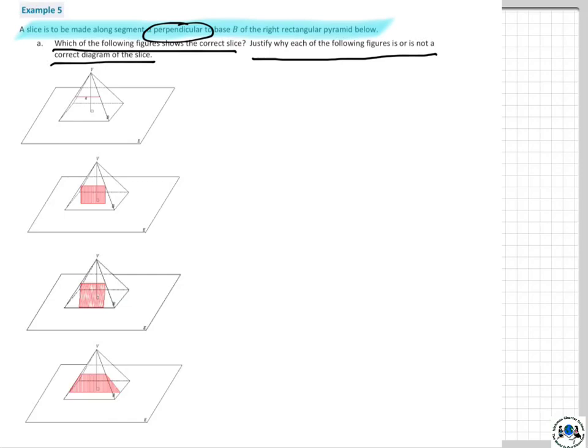Okay, so let's take a look at each of these, and that's this one, of course. All right, so the first one here is not a slice by a plane, because there is a space. Now it is perpendicular. It looks very much perpendicular. We could tell it was absolutely perpendicular if we had some right angle marks right there. That'd be better.